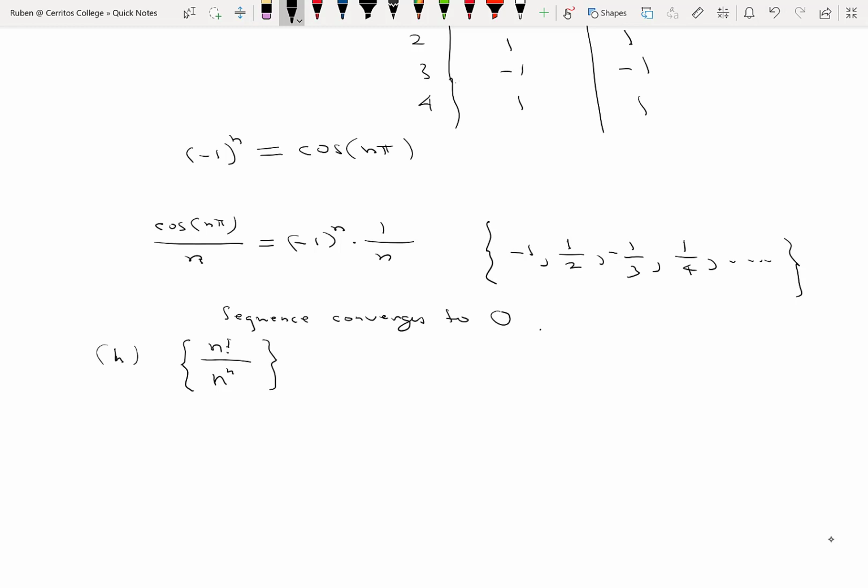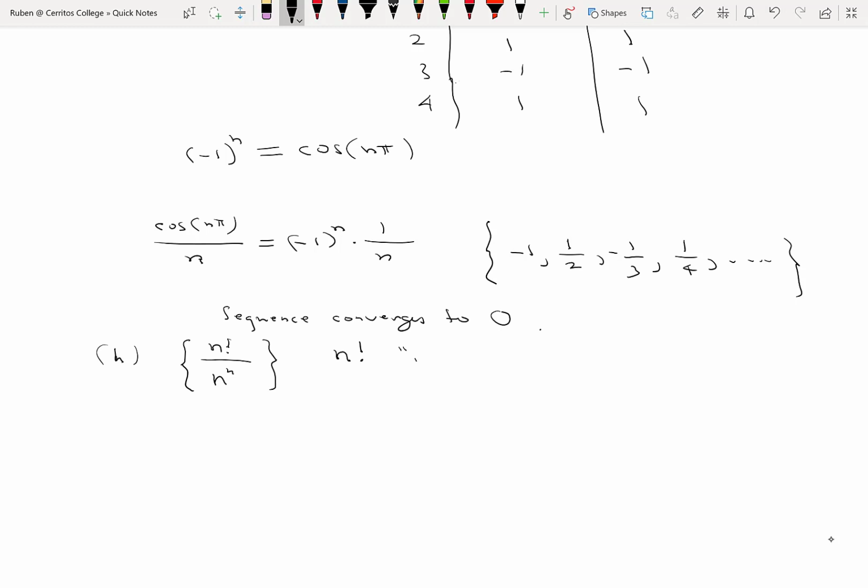Suppose I want to determine whether the sequence n factorial over n to the n converges or diverges. So just as a quick reminder, n with the exclamation point means n factorial.